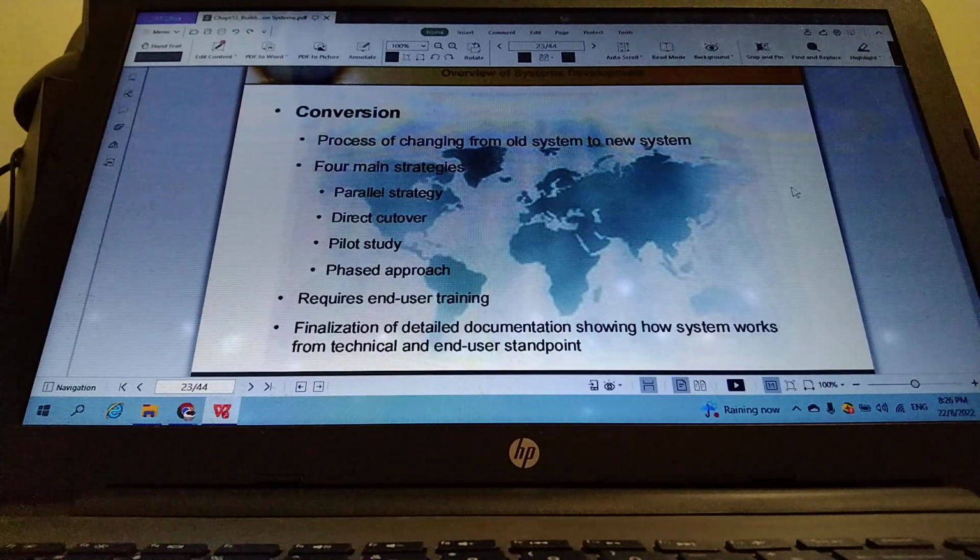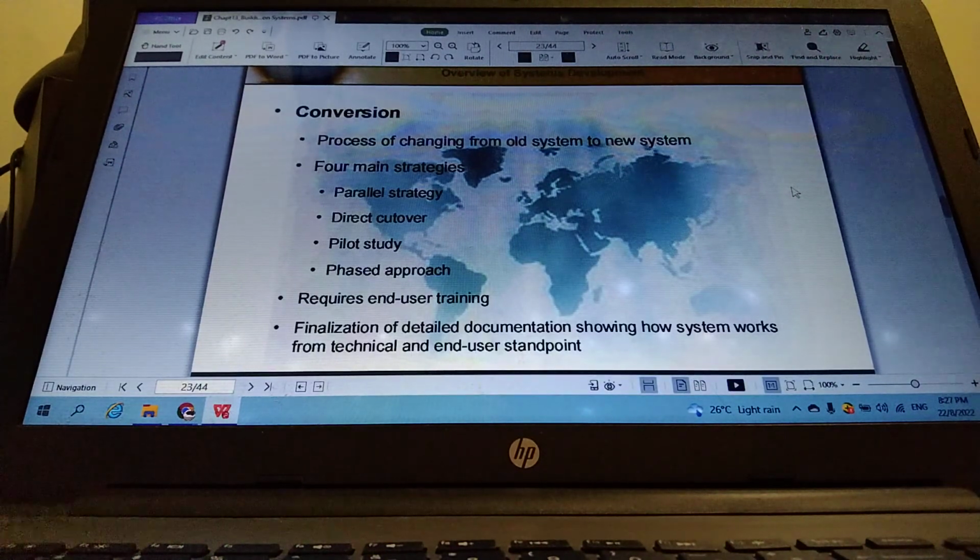There are many reasons why we do this. Of course, we want to minimize the risk. If anything goes wrong with the new system, only certain departments are affected, not all the departments. So we can either switch over to the old system or back to the manual system, and not the entire company will be affected. All right, just to give you some brief ideas what the pilot study is all about.